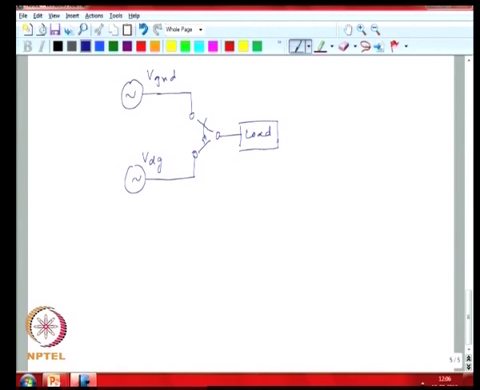Okay. Then in terms of operation of the DG from a power quality perspective, there are two possible ways in which you could operate your DG.